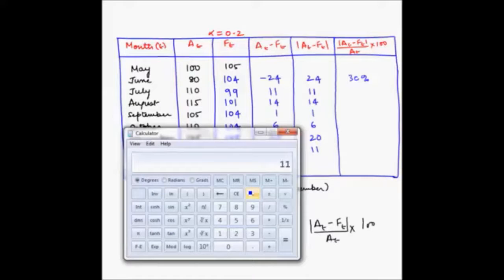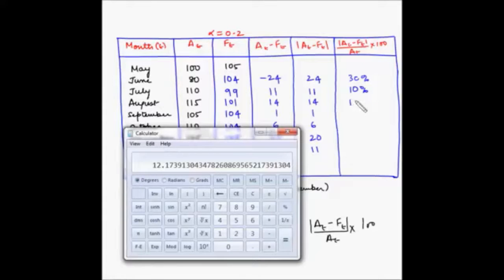Then 11 multiplied by 100 divided by 110, so this is 10%. Next is 14 multiplied by 100 divided by 115, so this is 12.17.